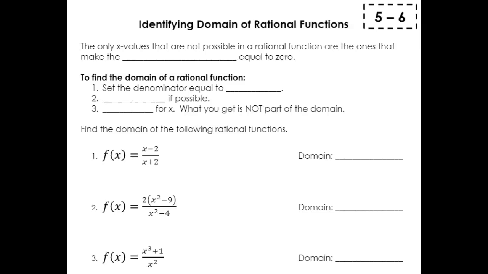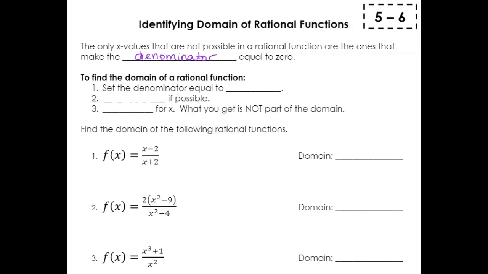So the only x values that are not possible in a rational function are the ones that make the denominator equal to 0. All other real numbers can be used in the domain, because that's where you end up with an undefined point.